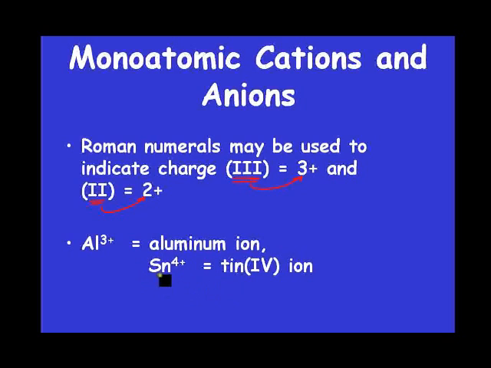Tin can form multiple ions. So we use Sn for tin, and the fact that it's +4 means that we use the Roman numeral IV. The best place to see some of these that form multiple ions would be mostly transition metals. And if you want a complete list of transition metals, I would refer to the back of your periodic table.